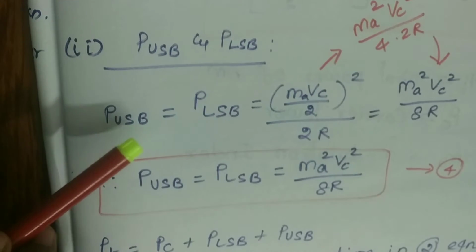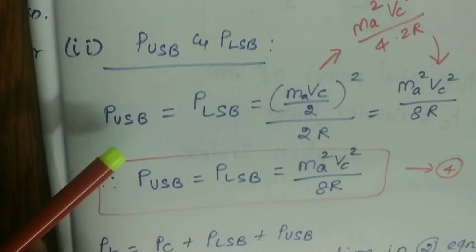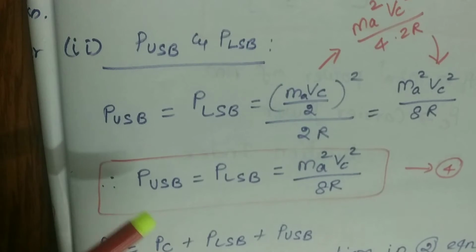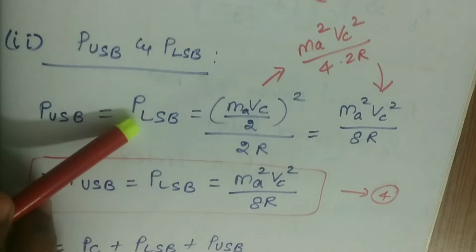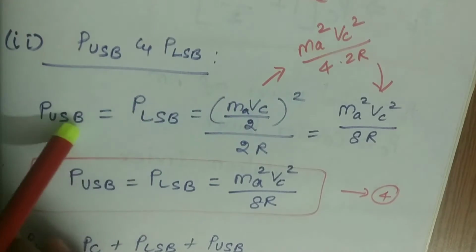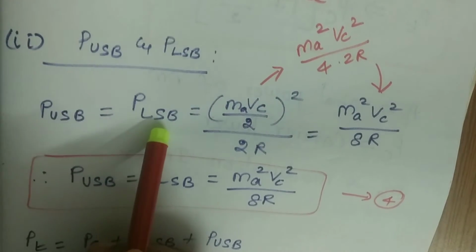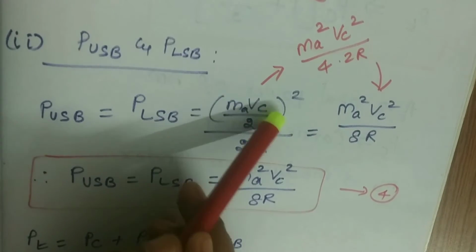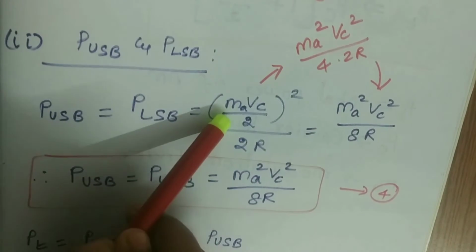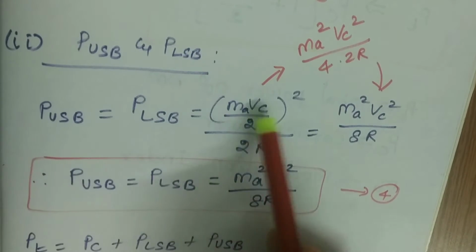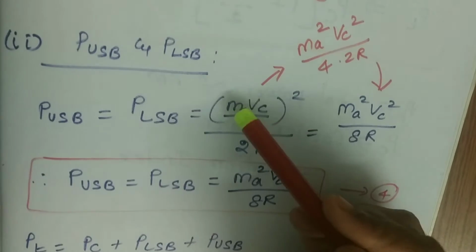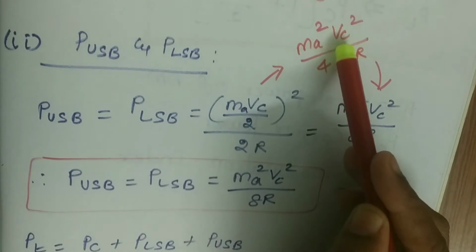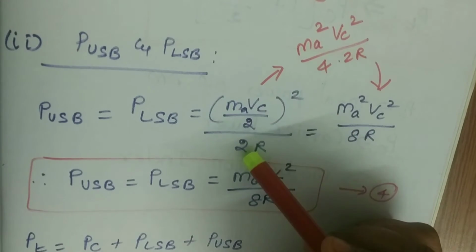We know the basic expression, P is equal to V squared by R. Lower sideband and upper sideband signals have the same amplitude, ma VC by 2, the whole squared, divided by 2R. Expanding this, it is ma squared VC squared, 2 squared is 4, into 2R.